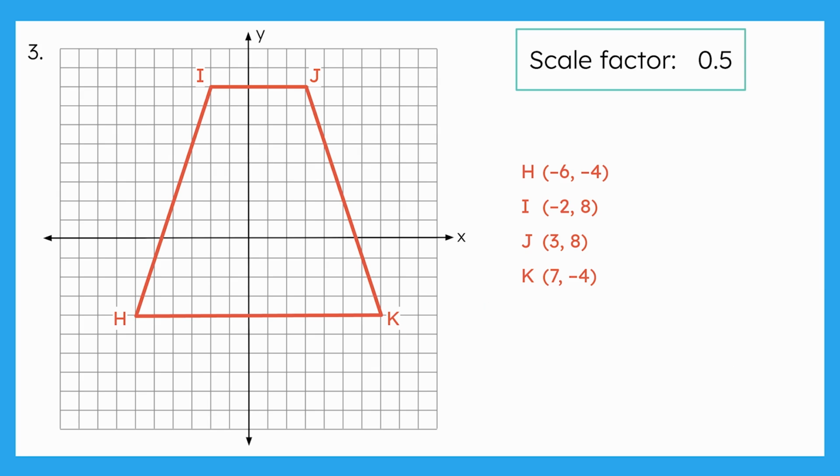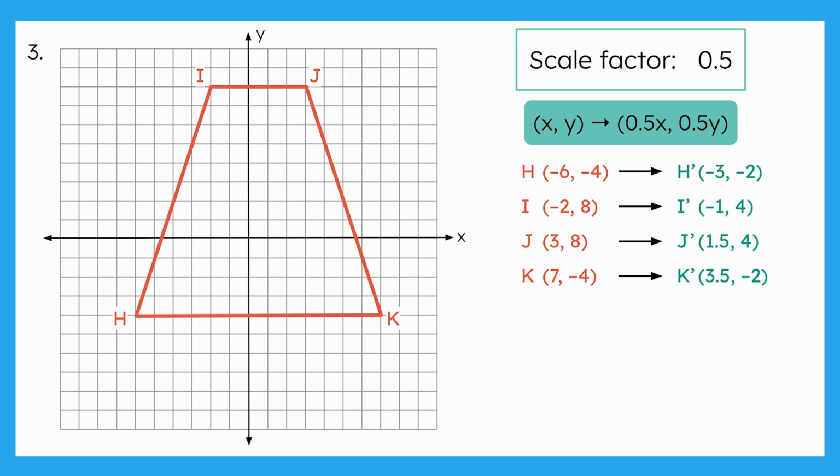All we needed to do here was multiply each value in each ordered pair by 0.5, or 1/2. That would give us these coordinates: H prime at -3, -2, I prime at -1, 4, J prime at 1.5, 4, and K prime at 3.5, -2.